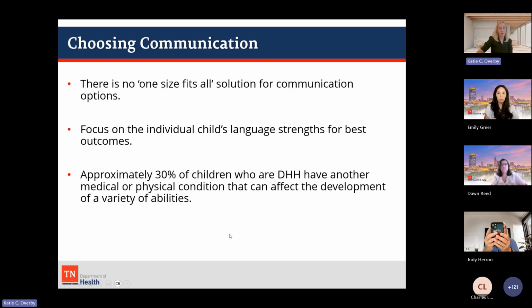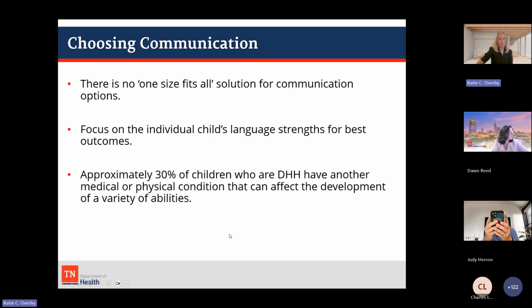And I think the more diverse children that we're seeing, especially that we do have newborn hearing screening and we are understanding the impact of hearing loss, we're starting to understand that communication can look different for everybody. It's individualized. It's going to go on their IFSP and their IEP and become a team decision.